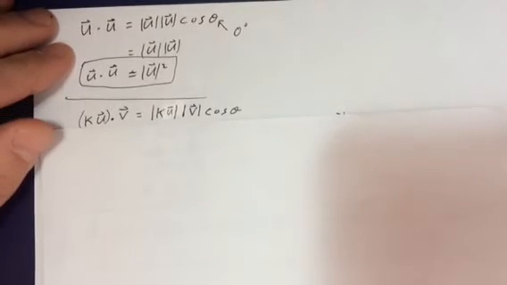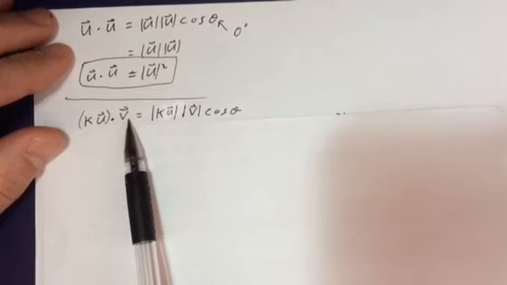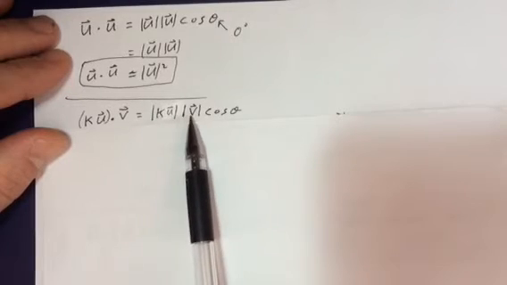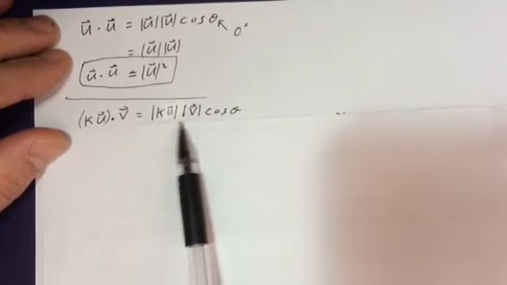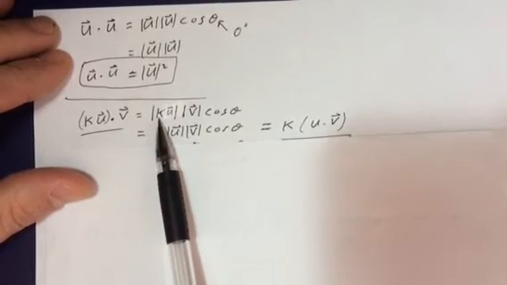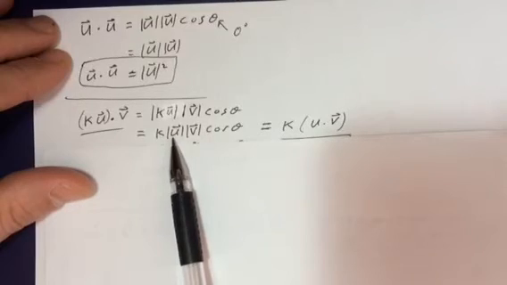What about this one? Some scalar times a vector, dot with another vector. Well, that's what it would equal here: k times the magnitudes of u and v times cos theta. You can pull that k out. It's not going to change it. They're all just scalars now.